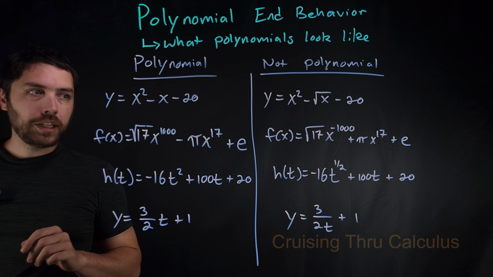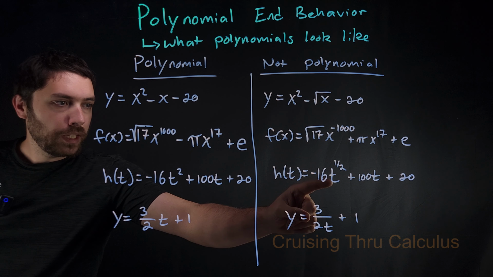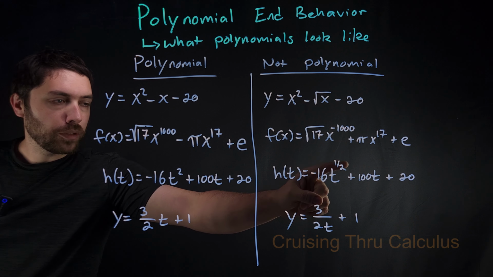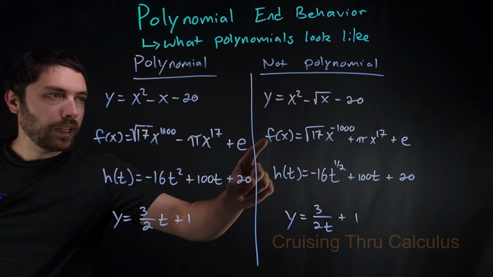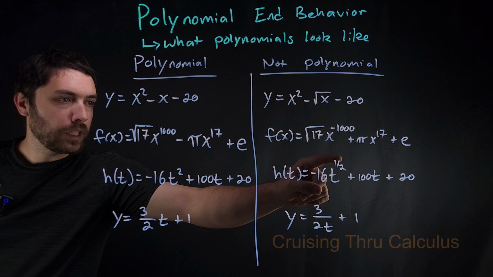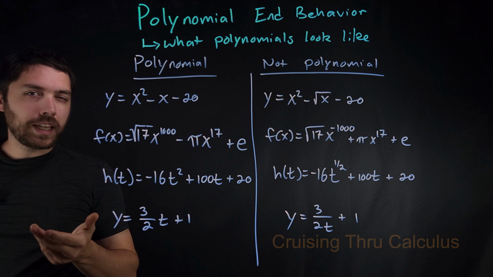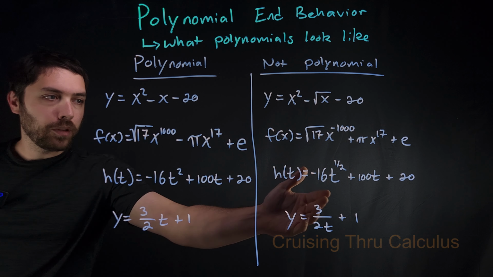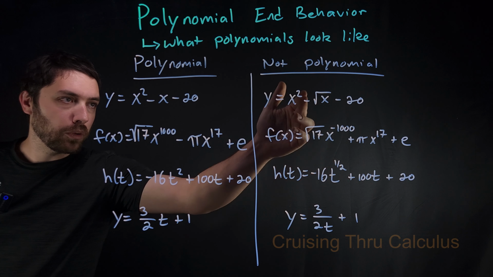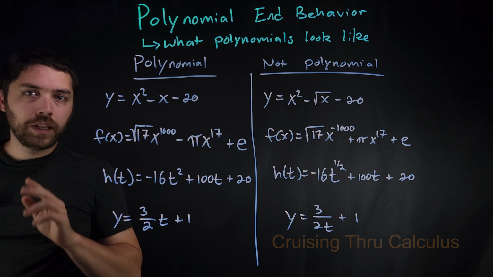In fact, what's kind of interesting is that if you take a variable and raise it to a fractional power, that's the same thing as, say, taking the square root of t. So my first example and my third example here are actually the same idea. Both of them have a variable to a fractional exponent, or just a radical, if you will.